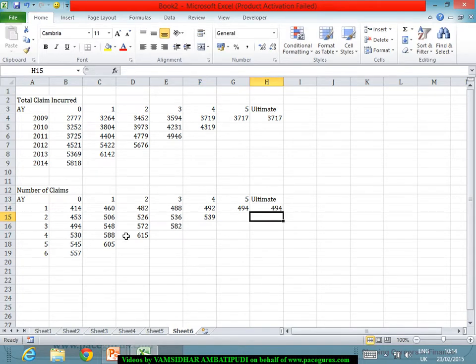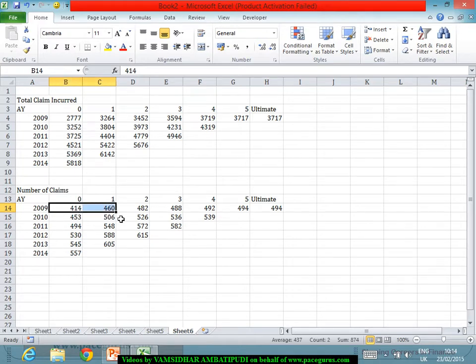So overall, let's say ultimate 494. For the year 2009, overall there are 494 claims that got initiated and settled. Out of them, 414 got settled in the first year itself.